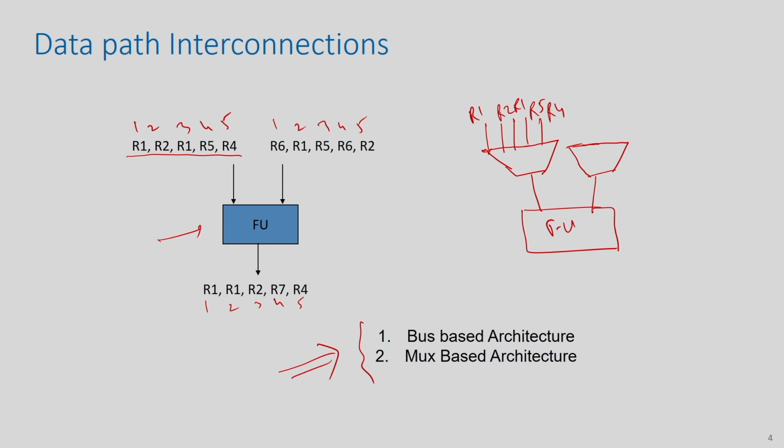So there are 5 inputs, and you need a 3-bit control signal. Similarly here you also put 5 inputs. Basically, this is 0 0 0, this is 0 1 0, this is 0 1 1, this is 1 0 0, this is 1 0 1 say, and similar to this.